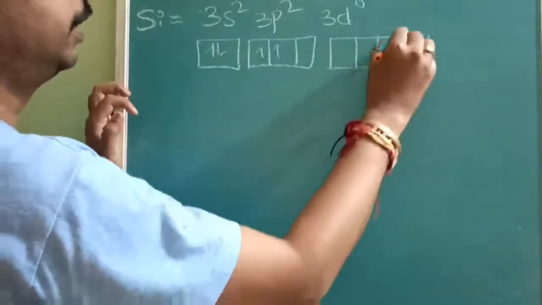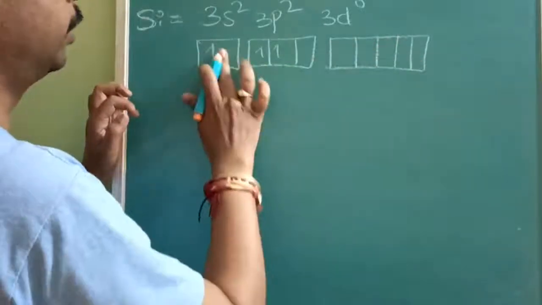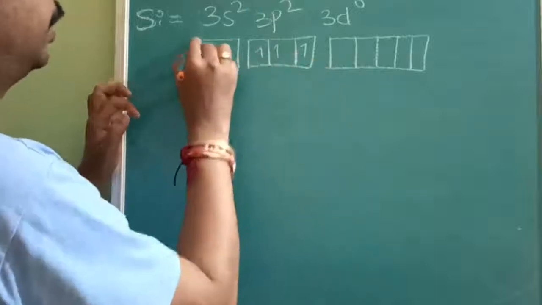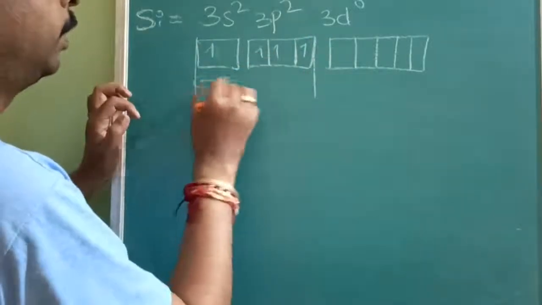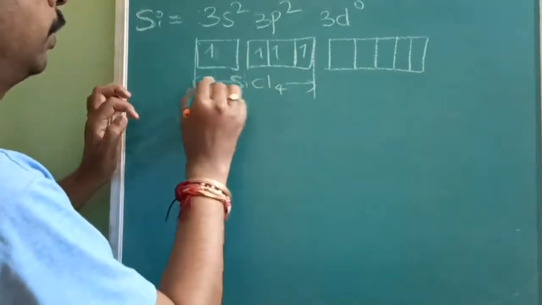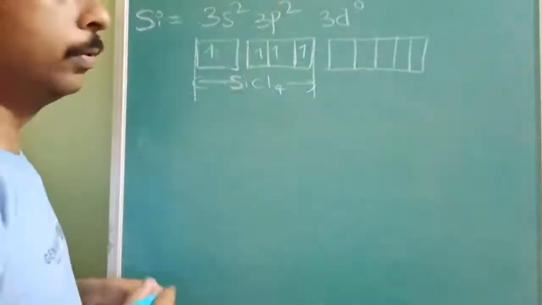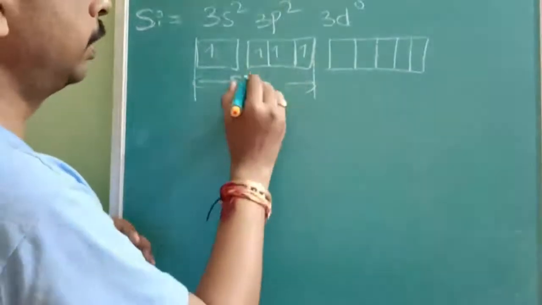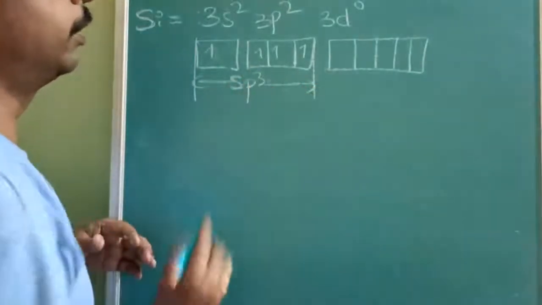But once it is forming tetrahalides, the electron will be available here, and the hybridization will be sp3. I am talking about SiCl4, so the hybridization will be sp3.